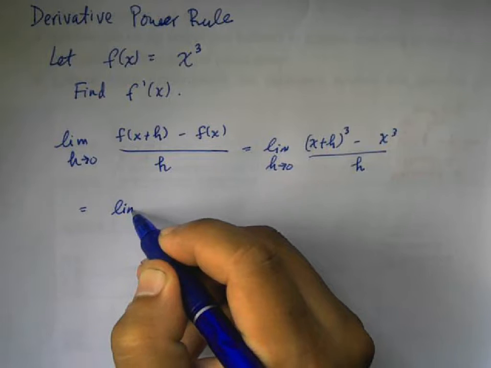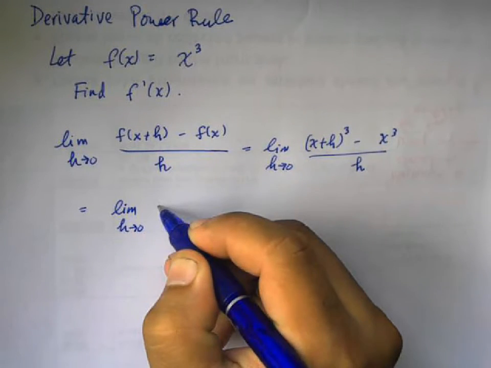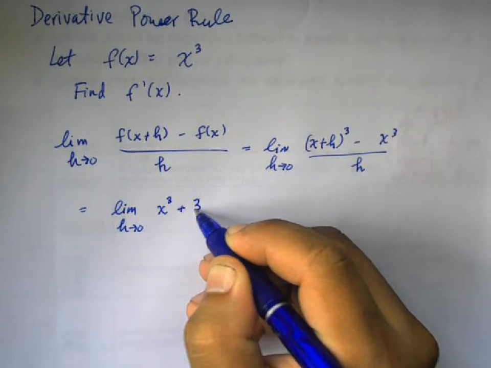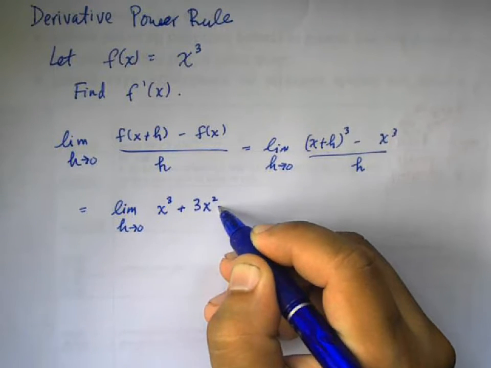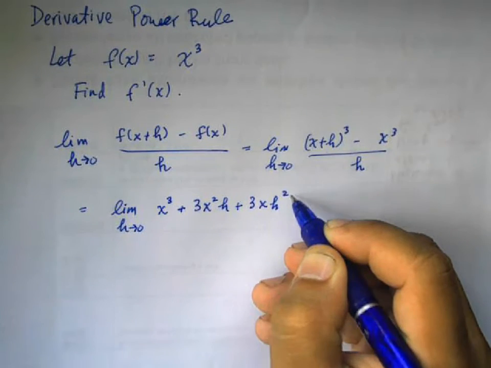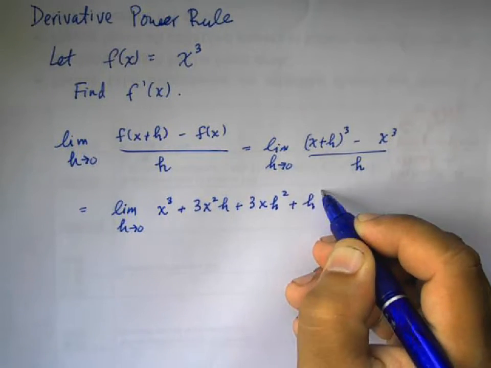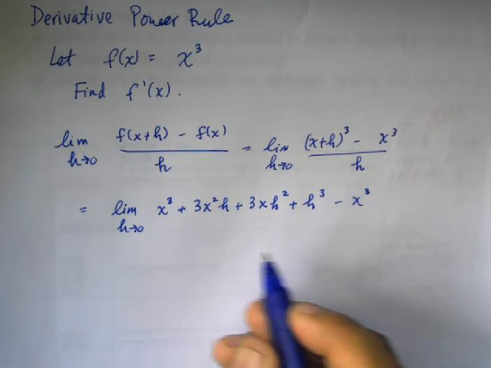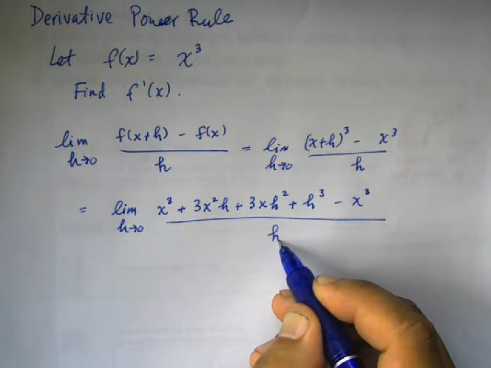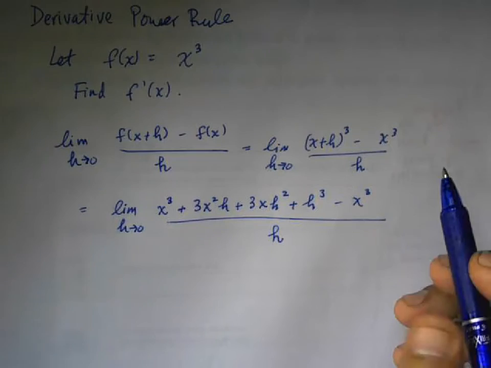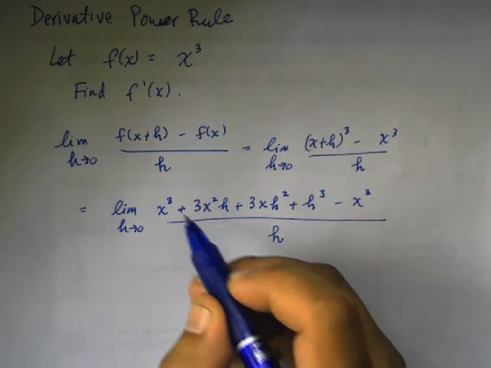Doing so, I get the limit as h approaches 0 of x cubed plus 3x squared h plus 3x h squared plus h cubed minus, still I have this x cubed right here, all of this over h.